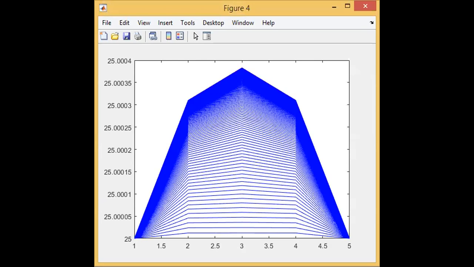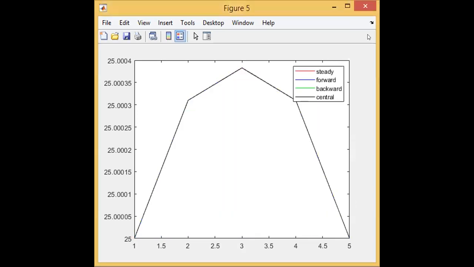Obviously, you can't make out much of a difference, but let me just plot the converged values. Okay, I am plotting the converged values. So just let me share that particular screen. So in this particular graph, I have the solution for the steady state.